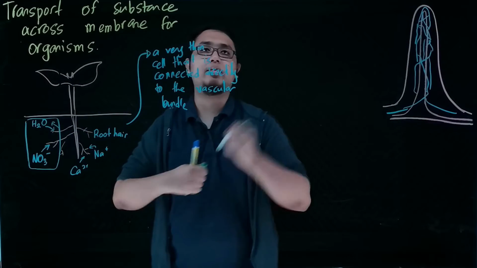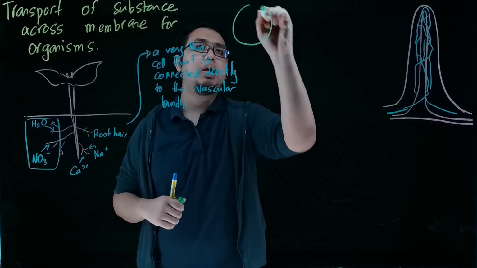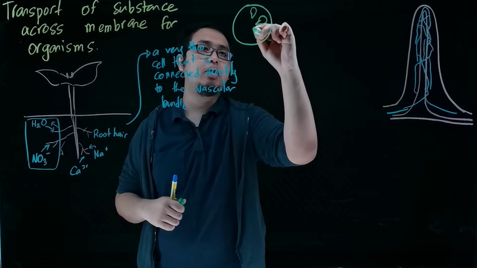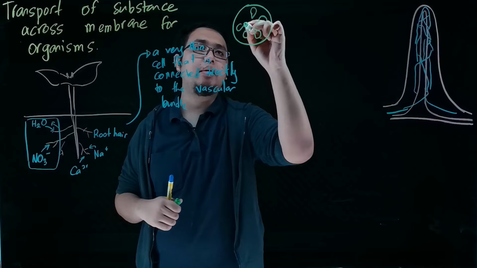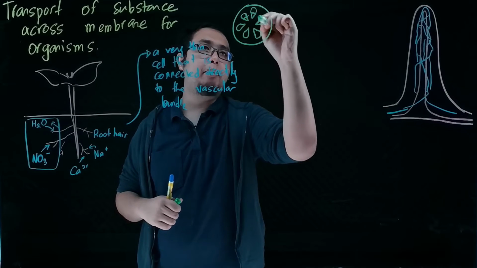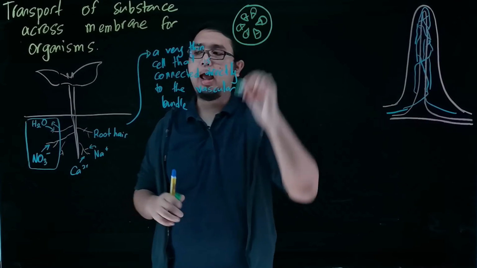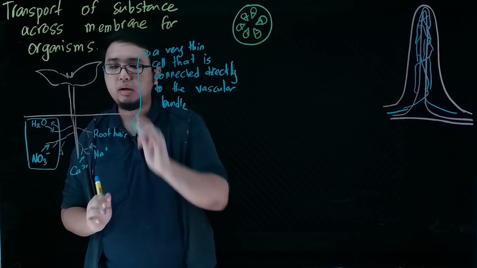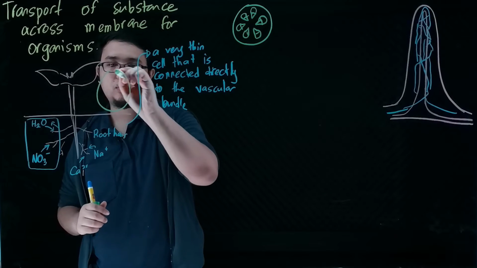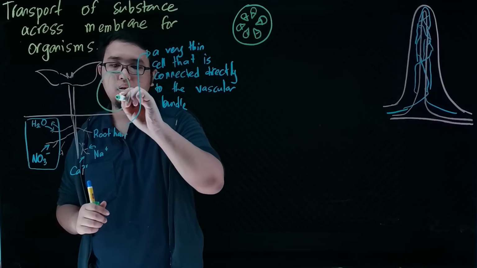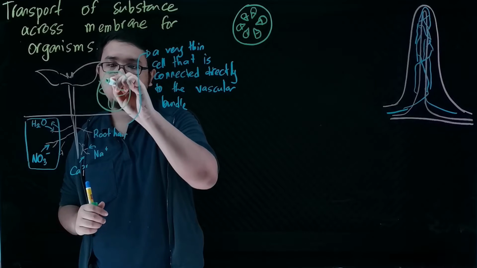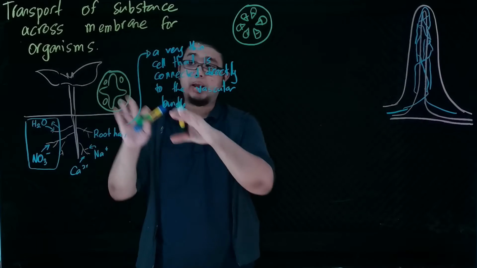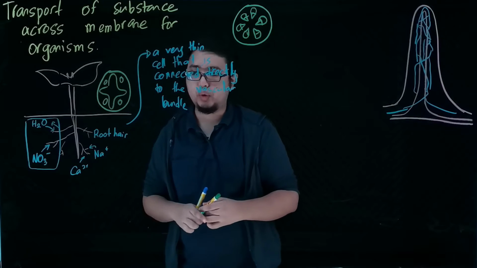The vascular bundle is your xylem and phloem, which are responsible for transporting substances within the plant. So, at the root, if let's say this is a dicotyledon plant, we have this root structure. The vascular bundle has this structure, where the center is the xylem and surrounding it is the phloem.